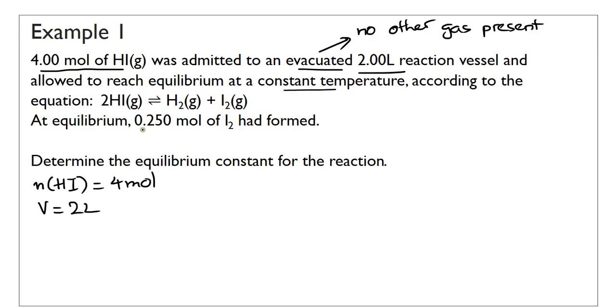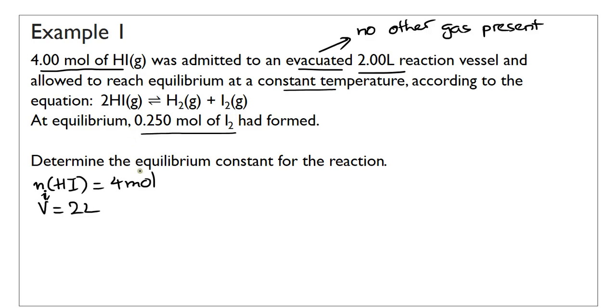And then they tell you that at equilibrium, 0.25 mole of iodine had formed. So there is a clear distinction here in terms of the quantities that are given to you. The number of mole of hydrogen iodide that is given is the initial amount. So this is not the amount of hydrogen iodide at equilibrium. So I tend to put an I just to distinguish, because you can have multiple amounts for the same substance at different points, like at the start, when it is at equilibrium, or when you add some extra.